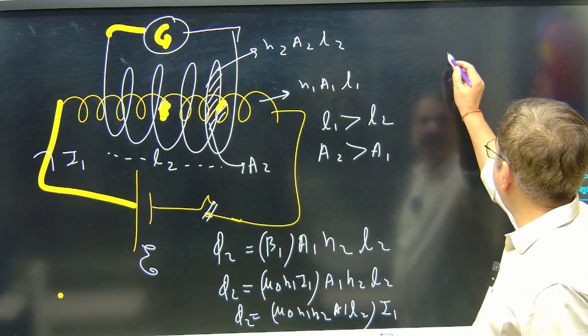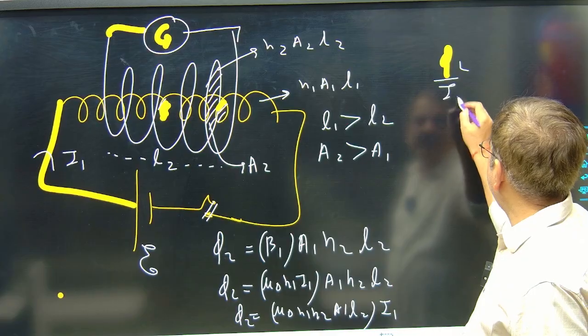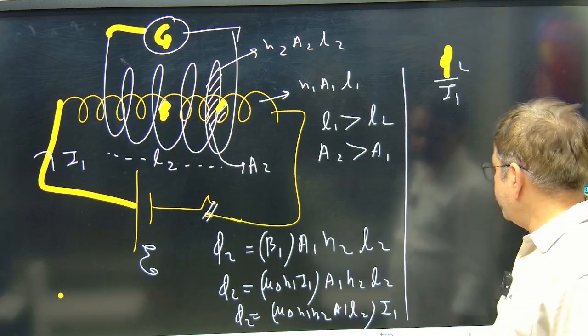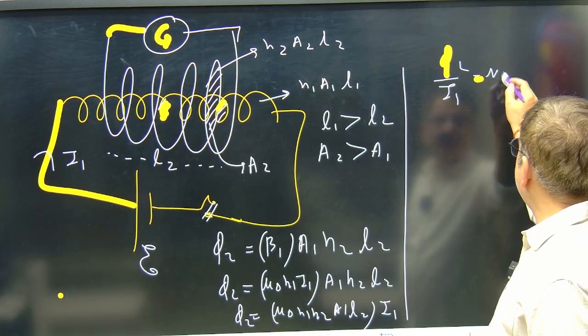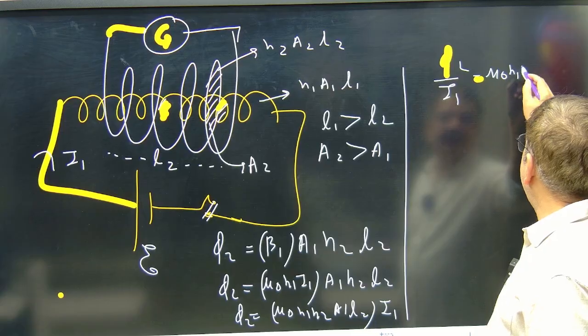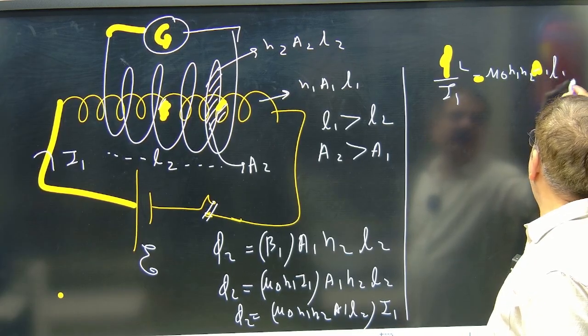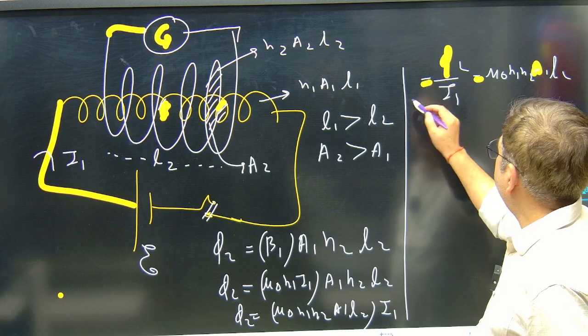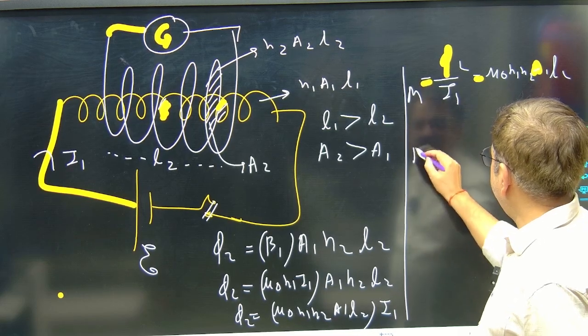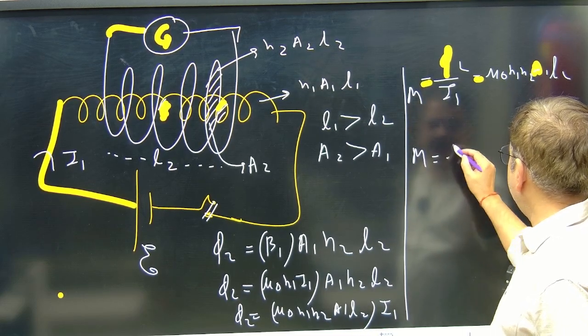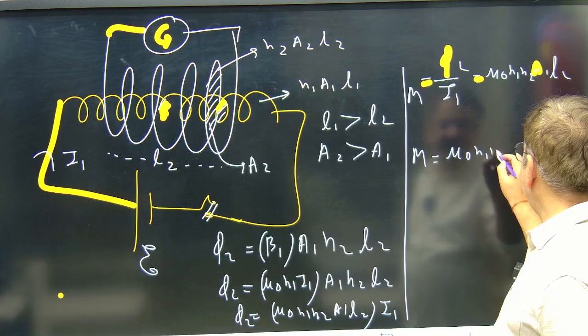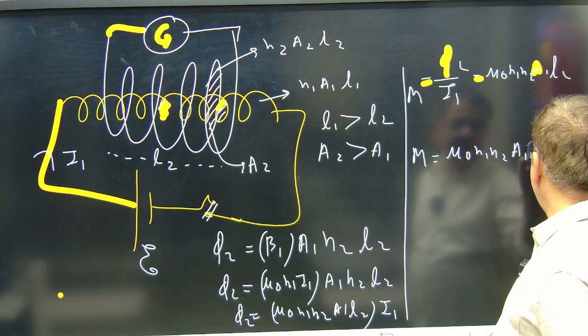From here, phi 2 by I1 is mu naught N1 N2 A1 L2. So this is the mutual inductance. The mutual inductance for the two solenoids is mu naught N1 N2 A1 L2.